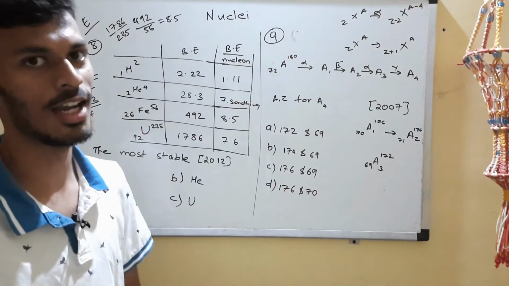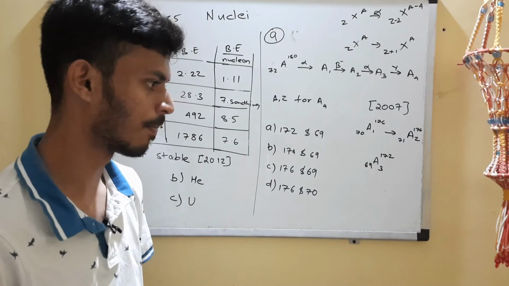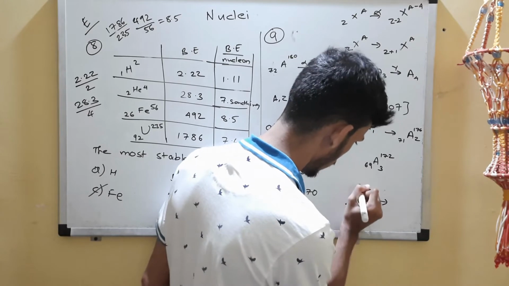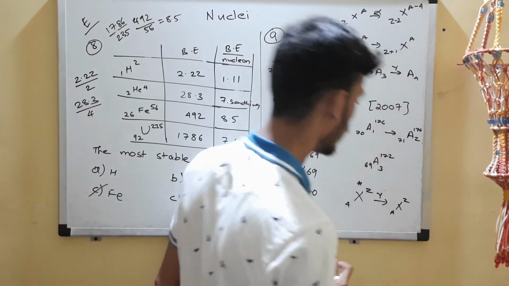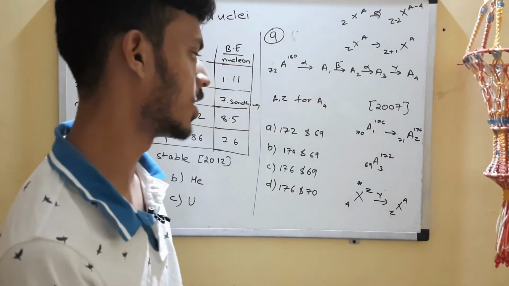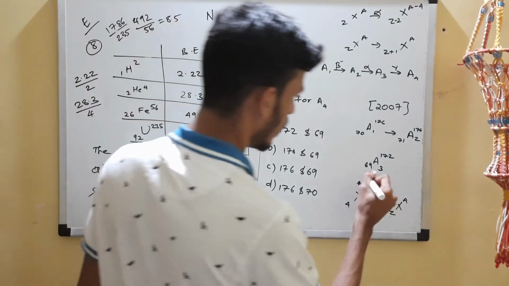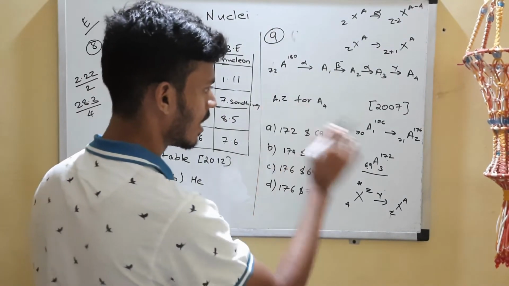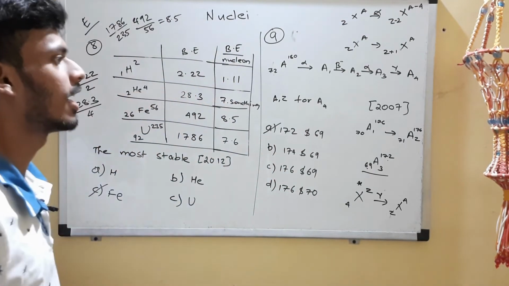It will go under nuclear transitions, and gamma radiations are released due to those transitions, so the atomic mass number and atomic number will remain the same. Finally you'll have the same numbers, 69 and 172. So A is 172 and Z is 69. So option A is the correct choice over here.